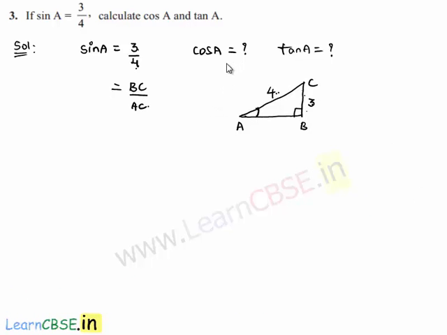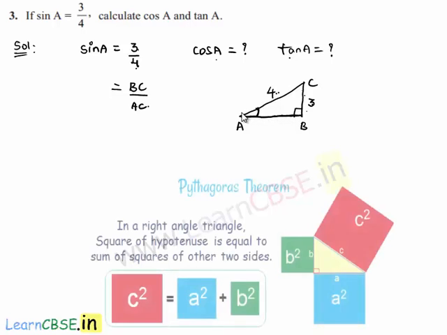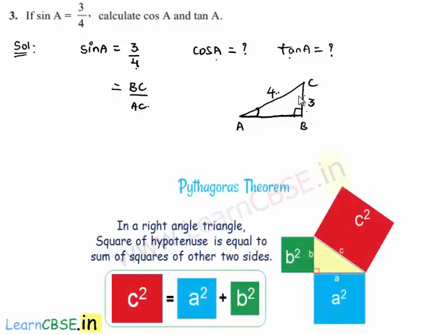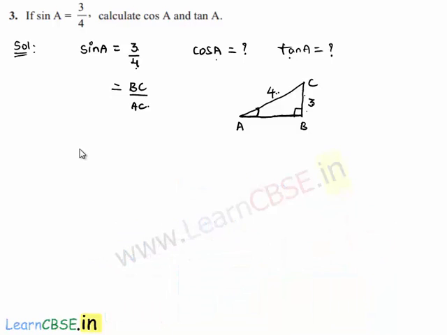In order to find the values of cos A and tan A, we also need the adjacent side of angle A, that is AB. Here, by applying the Pythagoras theorem in triangle ABC, let us find the value of AB. By Pythagoras theorem we know that the square of the hypotenuse is equal to the sum of squares of the other two sides.